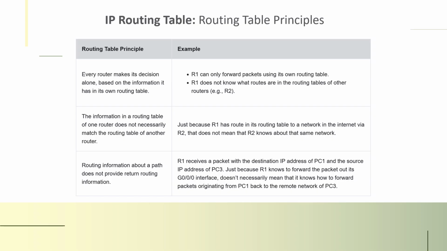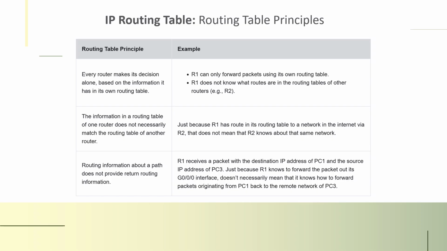The information in the routing table of one router does not necessarily match the routing table of another router. Just because router 1 has a route in its routing table to a network in the internet via router 2, that does not mean that router 2 knows about the same network. Probably it has other networks listed in its routing table.